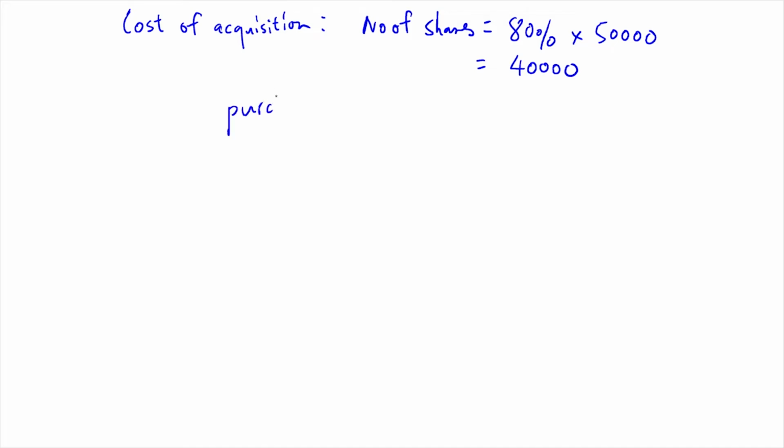So in this one, the number of shares equals 80% of 50,000, because this is the amount of shares on their financial statement. So in other words, we want to acquire 40,000 shares in total. Okay, then after that, we need to work out the purchase consideration.